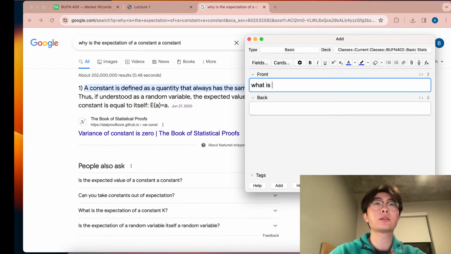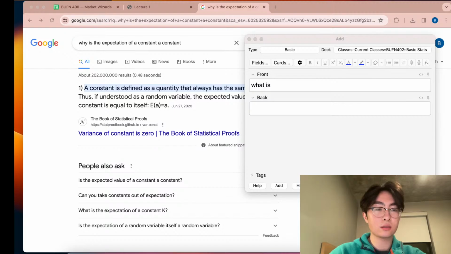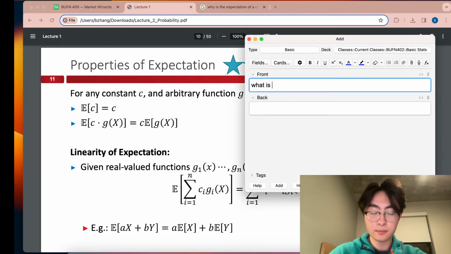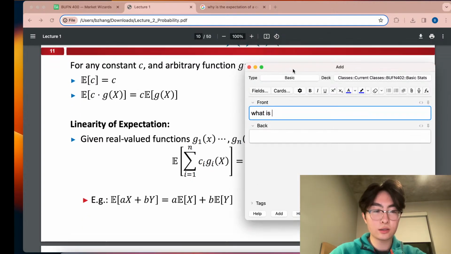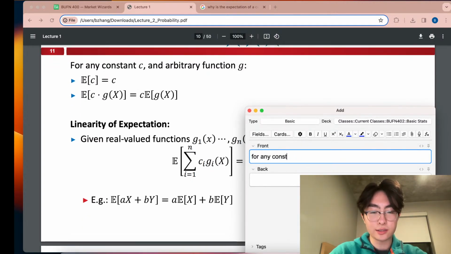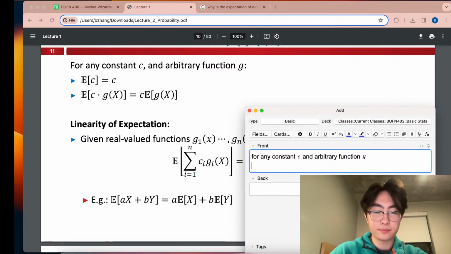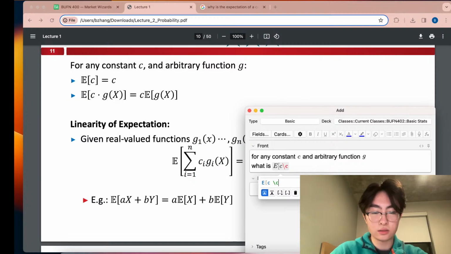So for any constant c and arbitrary function g, what is the expectation of c dot g of x?